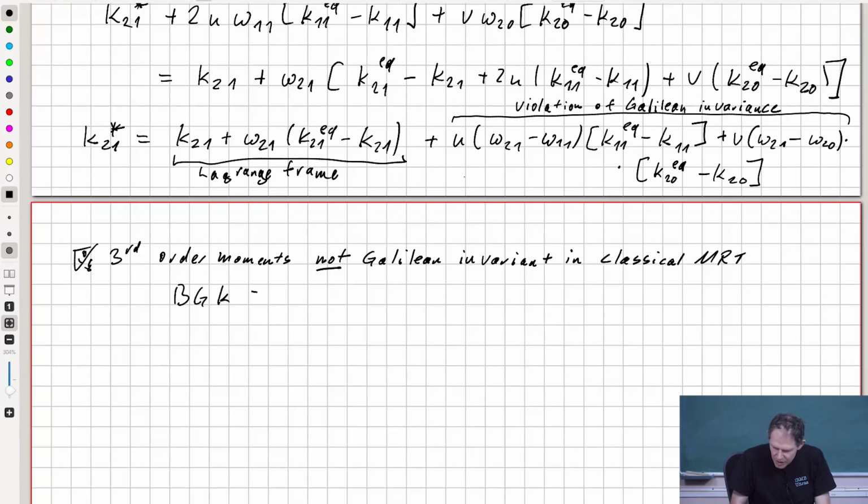BGK, as you noticed, omega 2 1 equals omega 2 0 equals omega 1 1, means BGK is Galilean invariant.